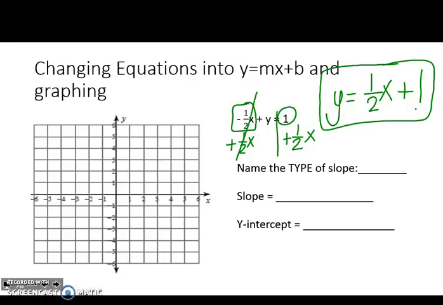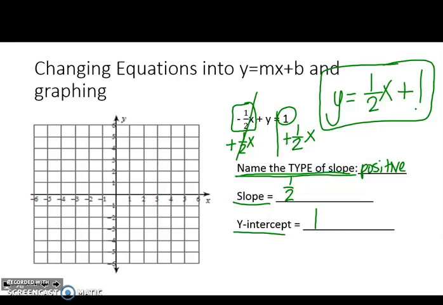Guys, on every problem, it's not going to say this on your homework sheet, but you have to write down the type of slope. You are expected to write down slope equals and the slope, and you're expected to write down y-intercept and the y-intercept. And then you also have to graph it.